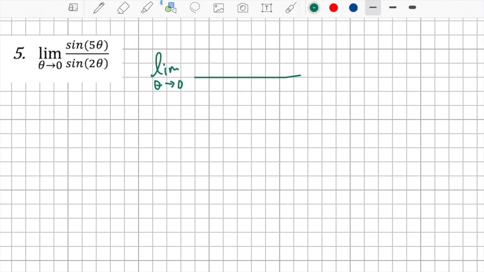So the first one is going to look like this. We want to have sine of 5 theta, and then we're going to divide by 5 and multiply by 5. That's really multiplying by 1, so nothing changes. Everything stays the same.